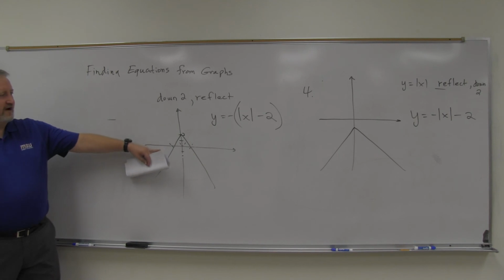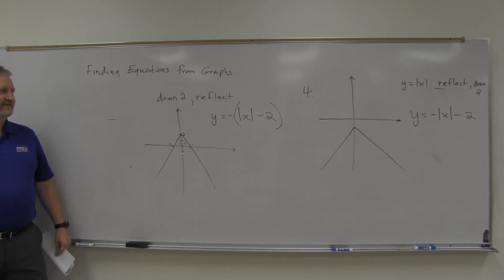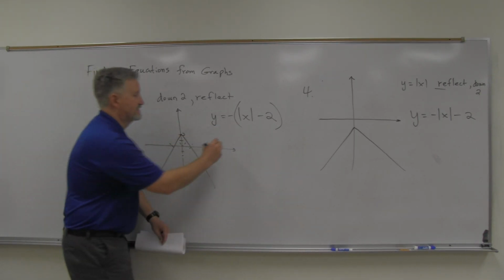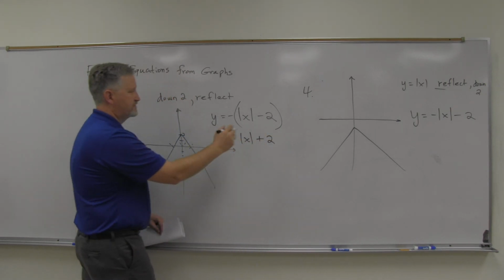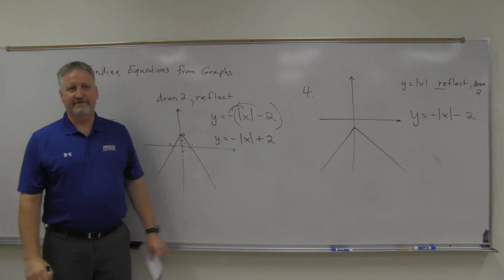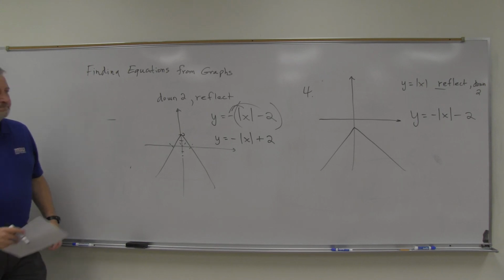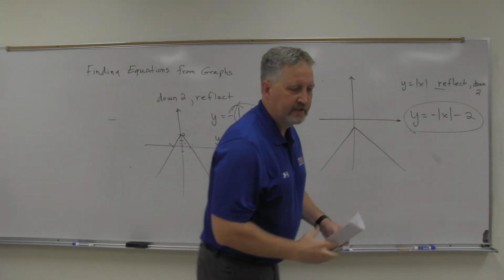If we had that graph, we would say it's a reflection and then up 2, wouldn't we? That's exactly what this is, because if you distribute the minus, what do you get? Negative x plus 2. Anyway, not to get you too confused there. Just be aware. So for number 4, this is it. Any other questions?